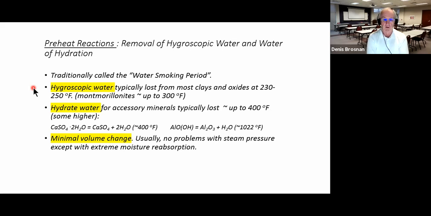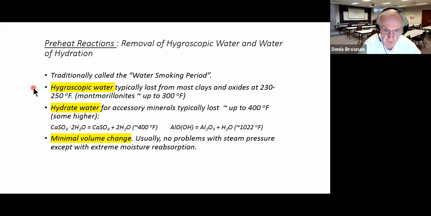And the positive side of water molecules is typically attracted to the negative outer charge cloud on a ceramic particle. Now, clay particles can have positively charged edges. I realize that. So the water molecule can turn around and be attracted to that side. But nevertheless, that water typically comes off around 250 degrees Fahrenheit, the boiling point of water.